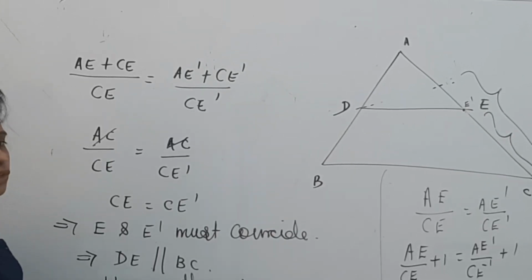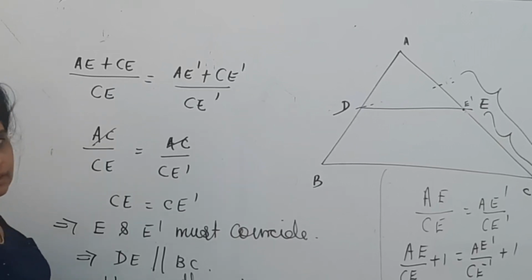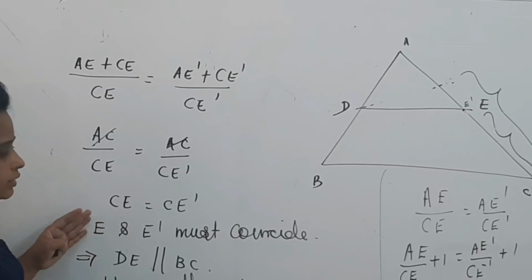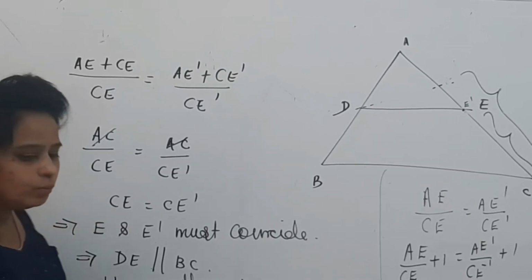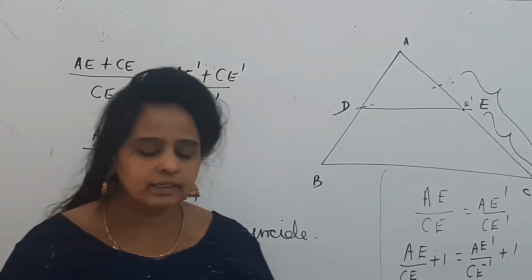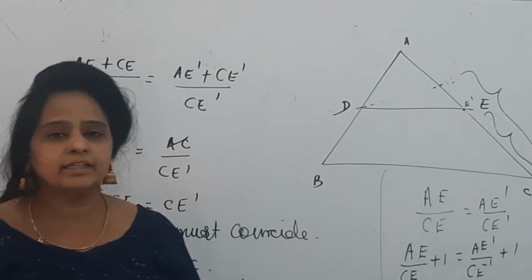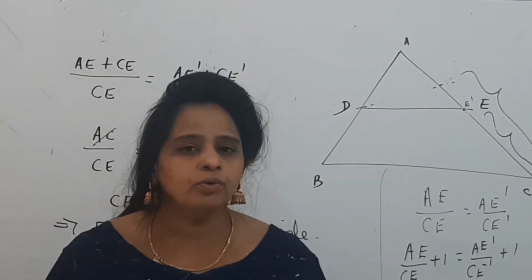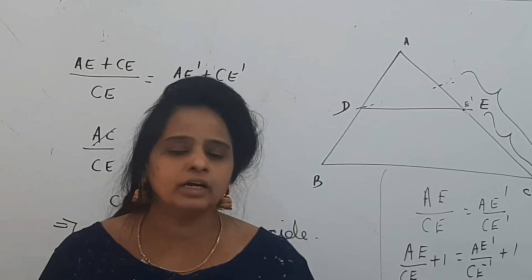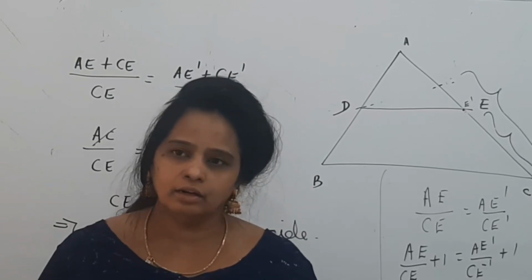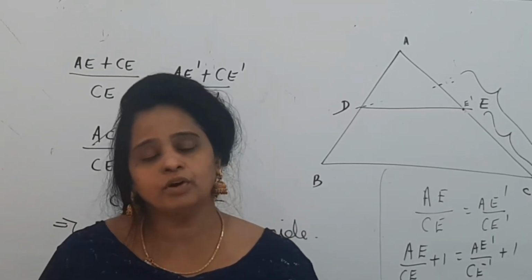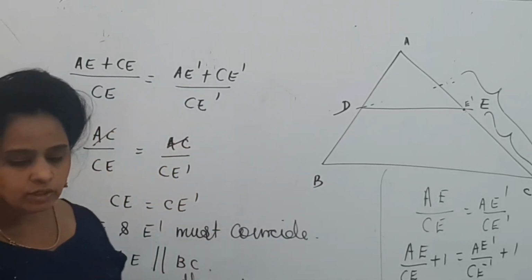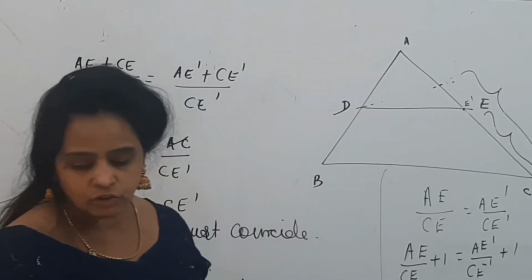So this is what the converse of the Thales theorem is. Children, I want everyone listening to the class to please take notes, and it will be very helpful for you to refer to the notes and put it in your examination to score higher marks.